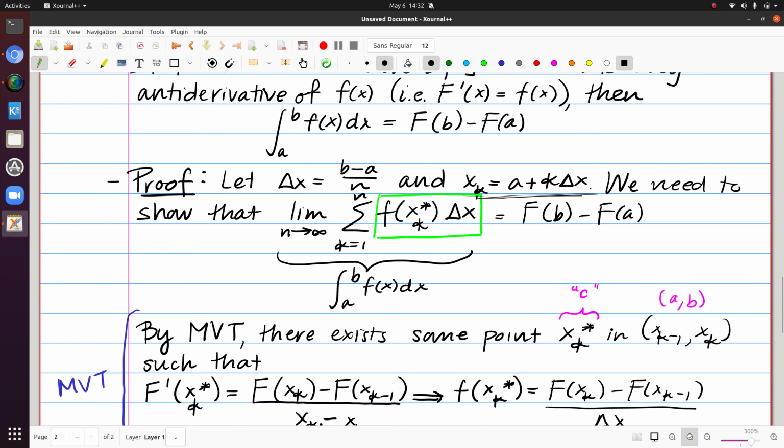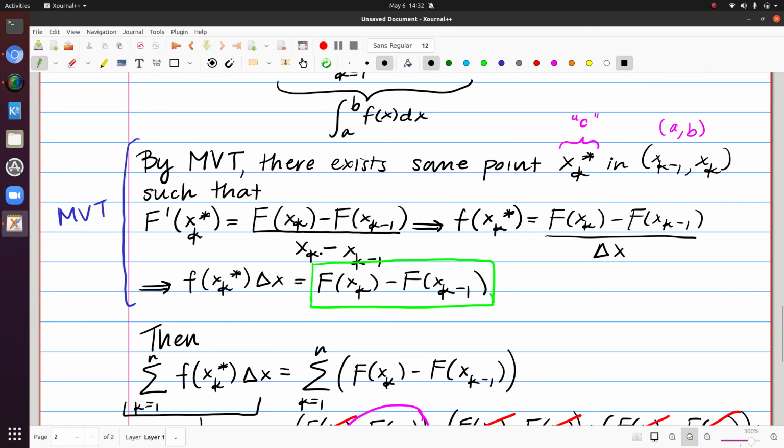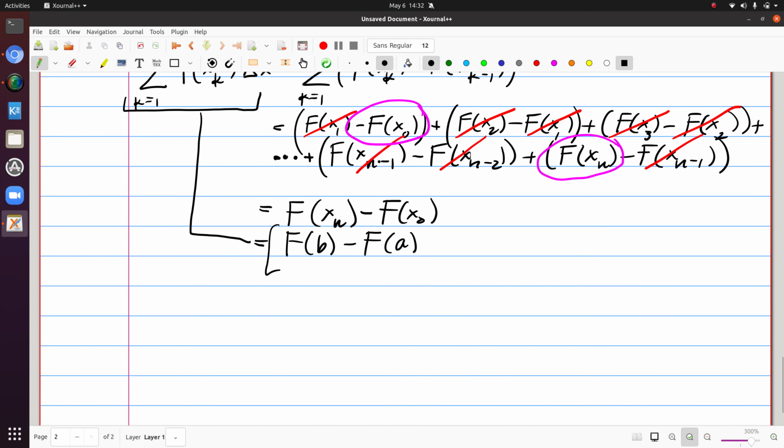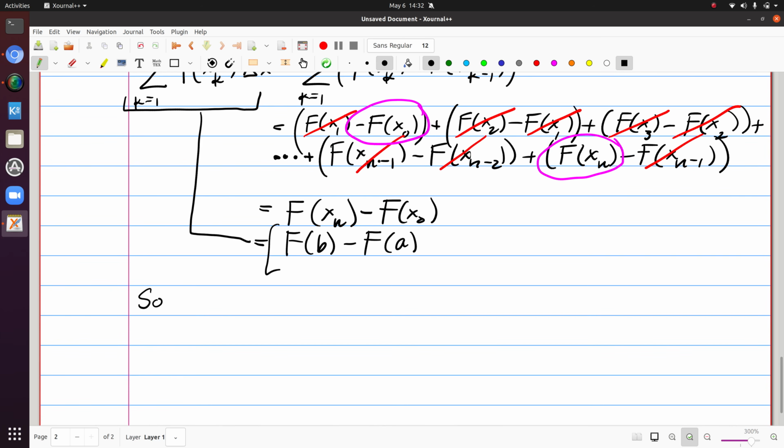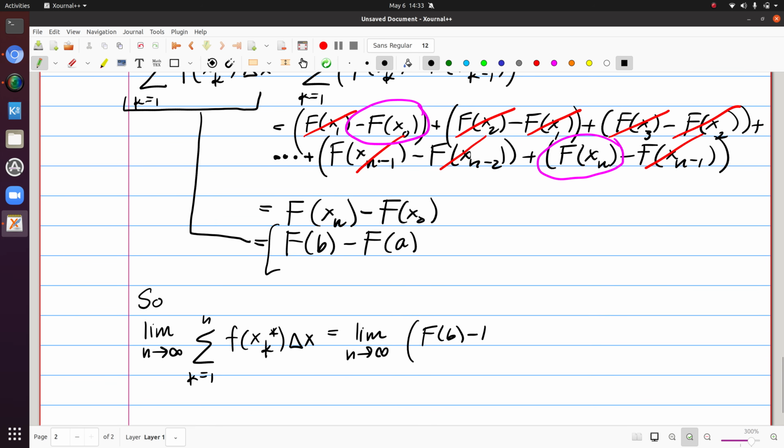If you look back at what we wanted to show, we wanted to make a statement about the limit. So at that point, if I have an equation, we could take the limit of both sides and say that the limit of my Riemann sum must equal the limit of the right-hand side, but this is a constant.